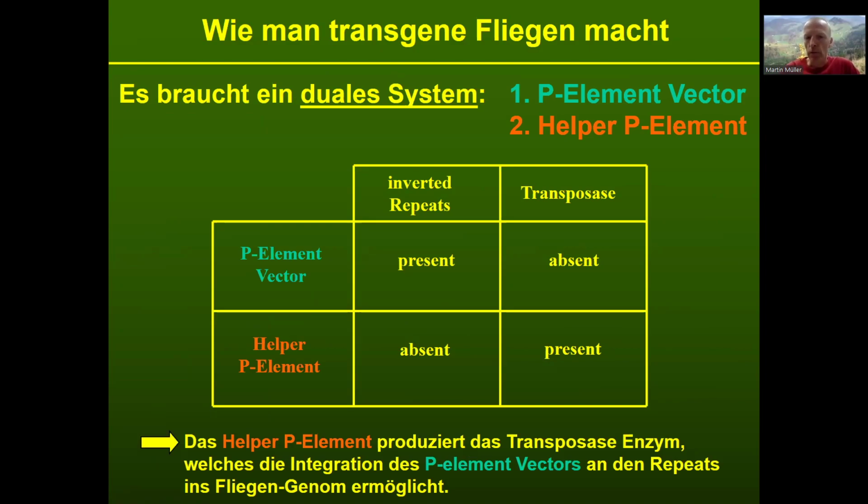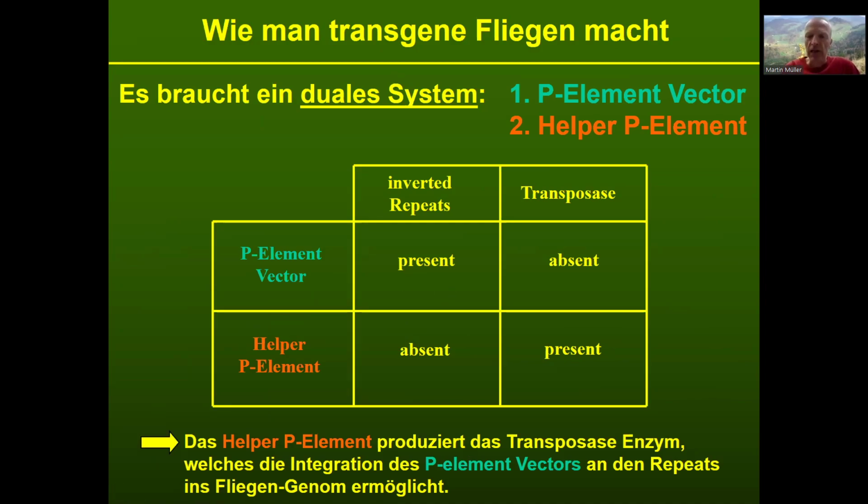So, as you will see, the P element vector and the helper P element are brought together into the fly embryo, where the helper P element produces transposase and causes, with relatively low frequency, this P element vector to insert into the genome.